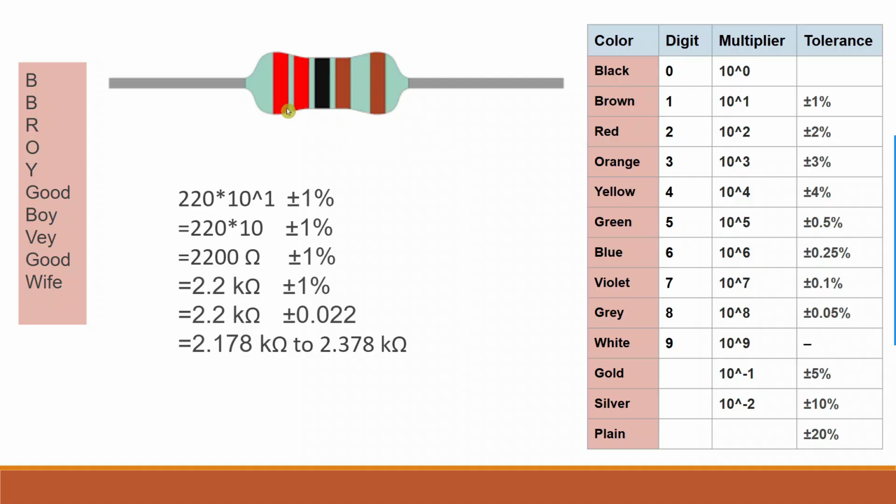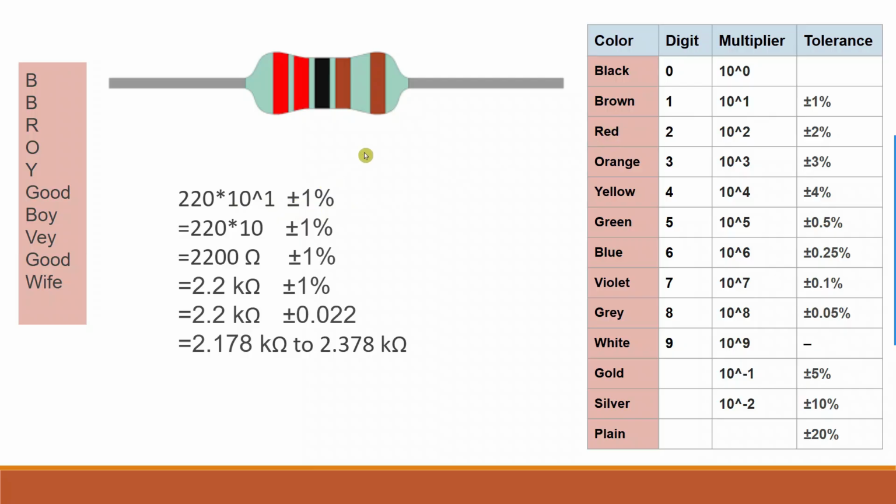So the first color is red. What is the digit of red? 2. I put 2 here. Second color is red. Again red means 2. I put 2 here. Third is black. Black means 0. I put 0 here. The last second is brown. Last second will always be the multiplier. What is the multiplier of brown? 10 to the power 1.